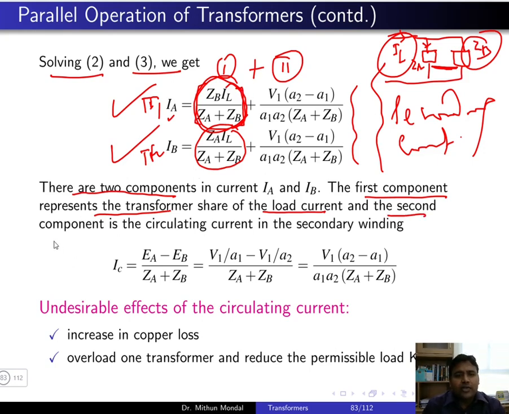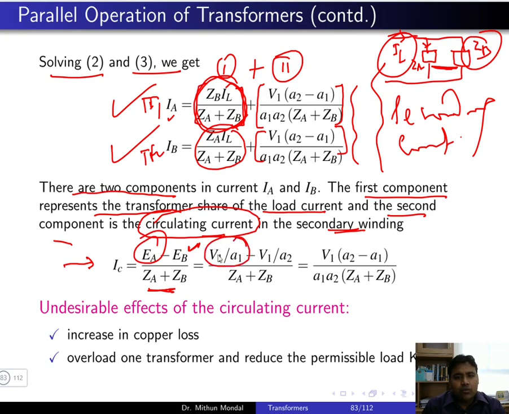The second component is the circulating current in the secondary winding. For transformer 1 and transformer 2, it is basically the circulating current in the transformer. The circulating current can be written as EA minus EB, that is the EMF in the first transformer minus the second transformer, divided by the sum of the impedances ZA plus ZB, where EA can be written as V1 by A1 and EB can be written as V1 by A2.